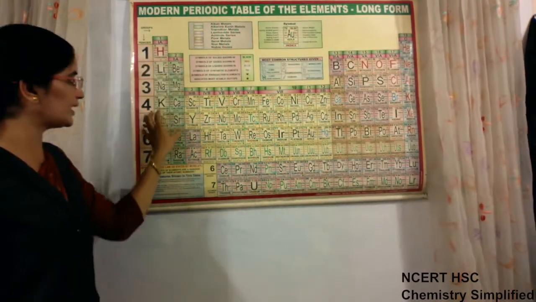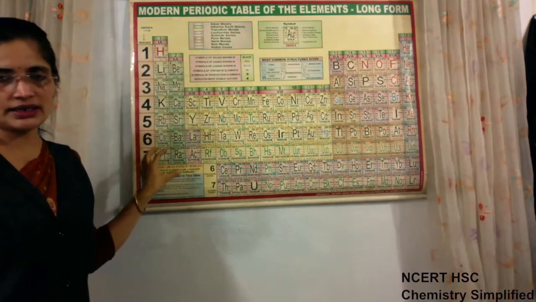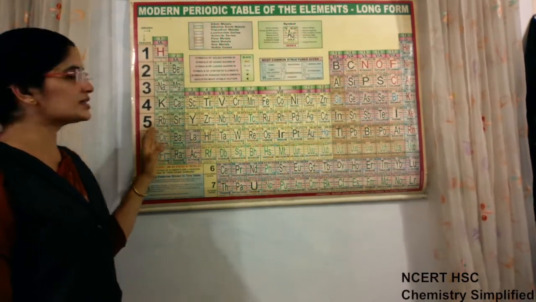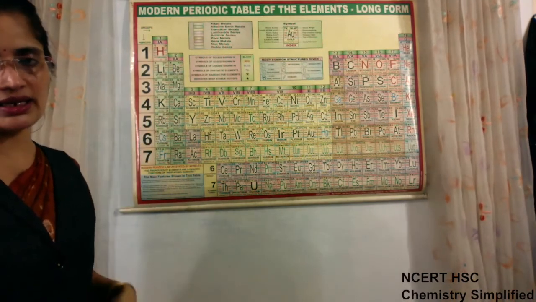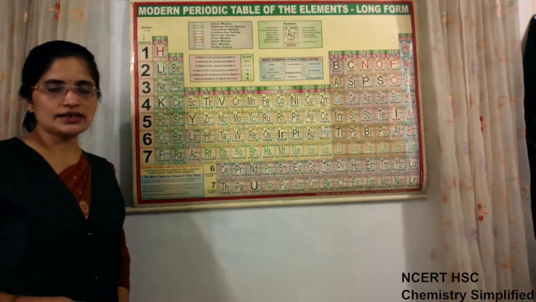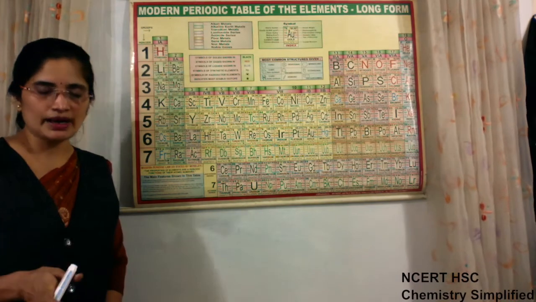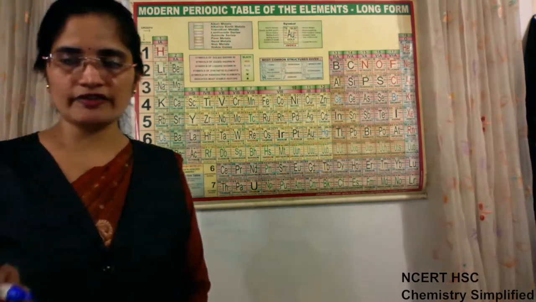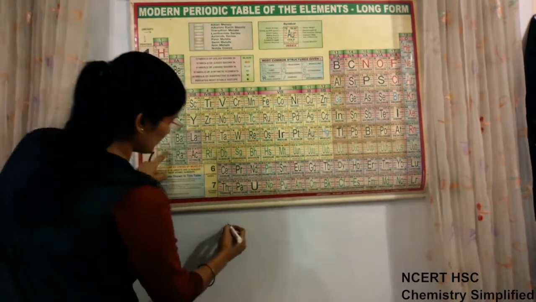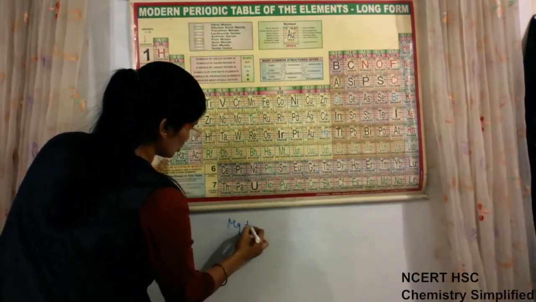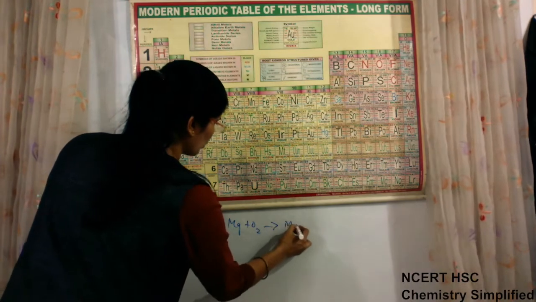These have metallic character. These are metals, and metals form hydroxides which are basic in nature. Metal oxides are basic in nature, meaning when metals react with oxygen they form oxides. For example, magnesium: Mg plus O2 will form MgO.